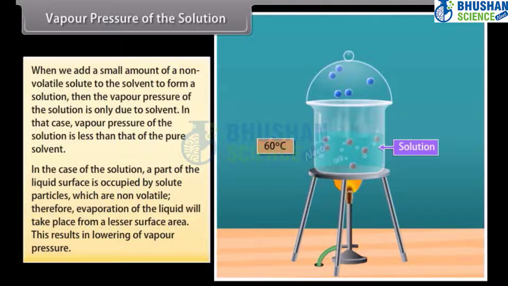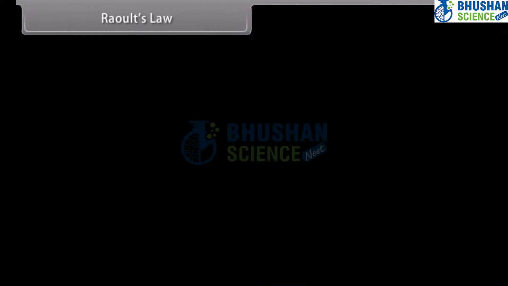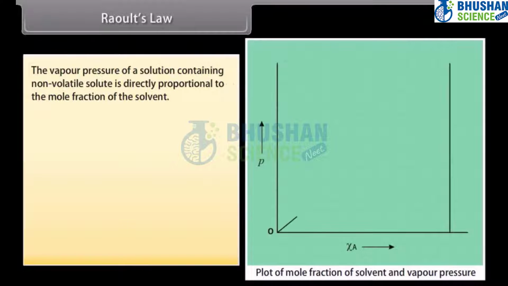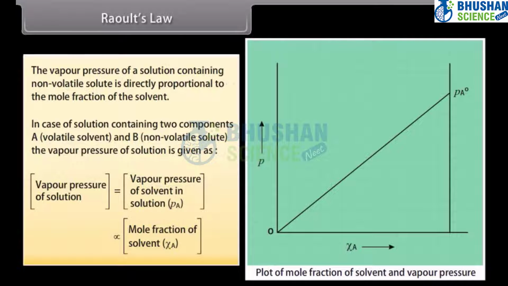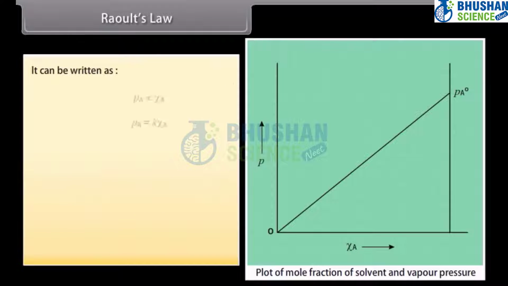Raoult's Law. The vapor pressure of a solution containing non-volatile solute is directly proportional to the mole fraction of the solvent. In case of solution containing two components, volatile solvent and non-volatile solute, the vapor pressure of solution is given as PA = K × XA, where K is proportionality constant.